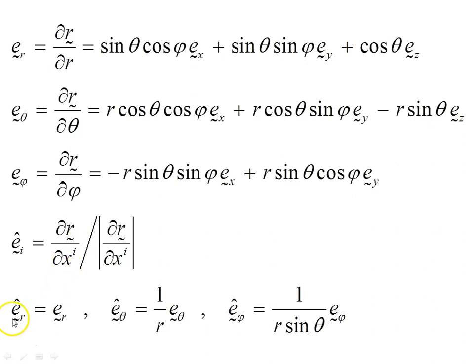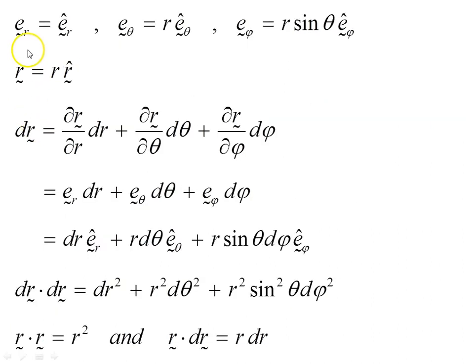That's this object here, so we now have the unit vectors in each of the different directions, r hat, theta hat, phi hat, and they're of unit magnitude and they're also perpendicular to each other, so it's an orthonormal system now of basis vectors.